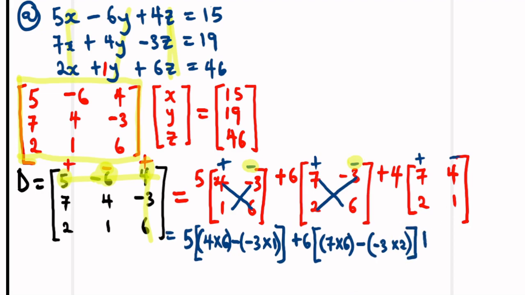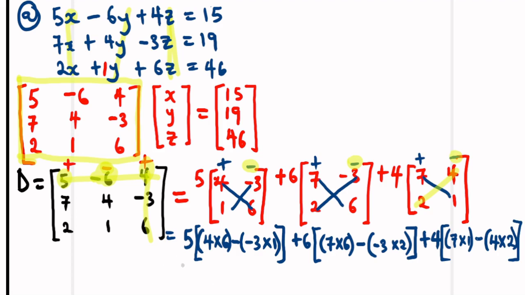The third one is plus 4, and in a bracket the elements are 7 times 1, then our minus sign, so minus, then the second diagonal is 4 times 2. Then we close the brackets.